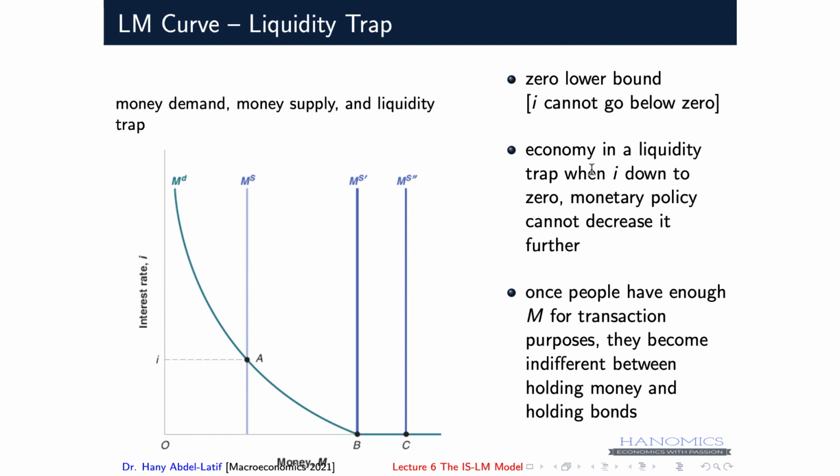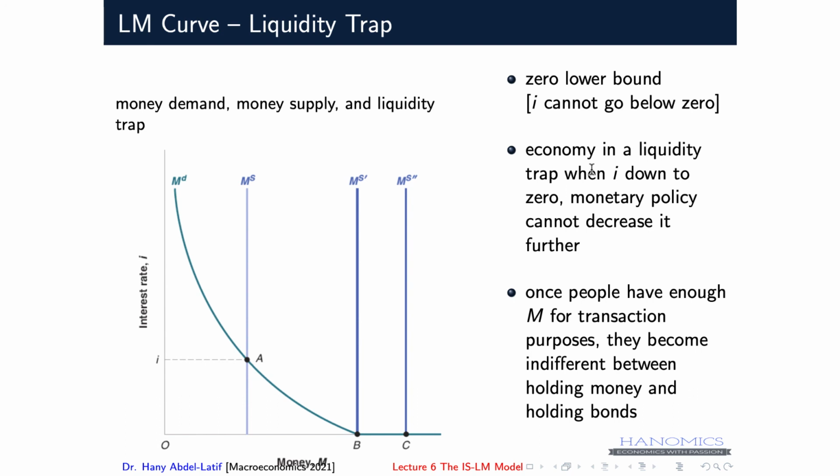Now again, just to emphasize what we already discussed, if we are at this point B, or at this segment of the demand for money curve, which is horizontal now, because the interest rate is zero, and now let's assume the equilibrium point is B, and we want to increase money supply further to the right.